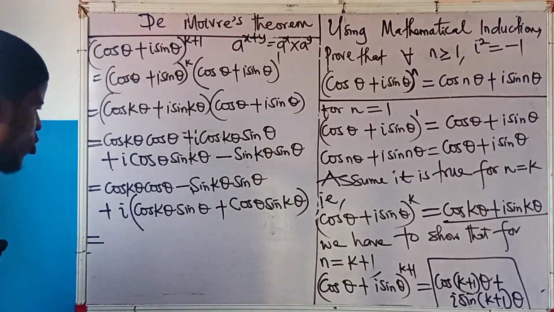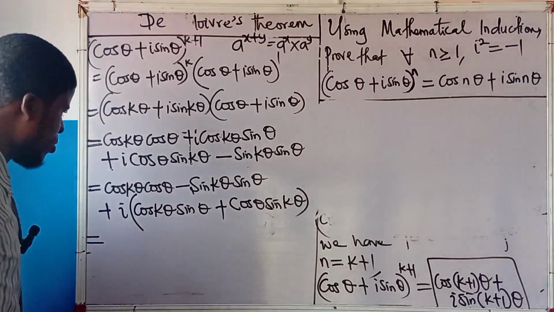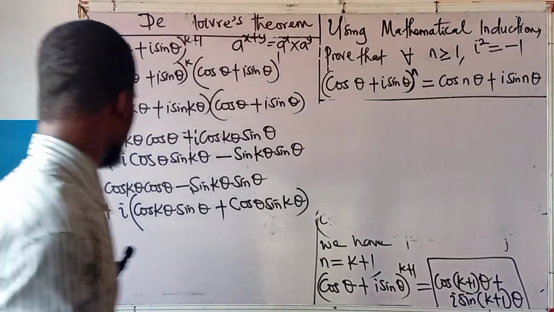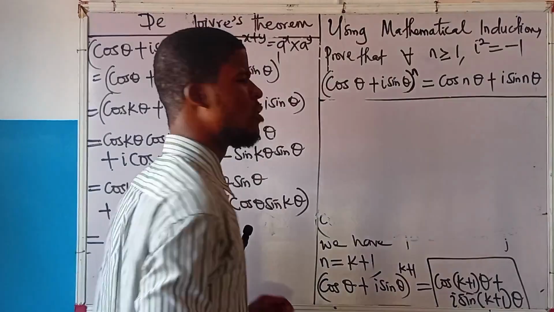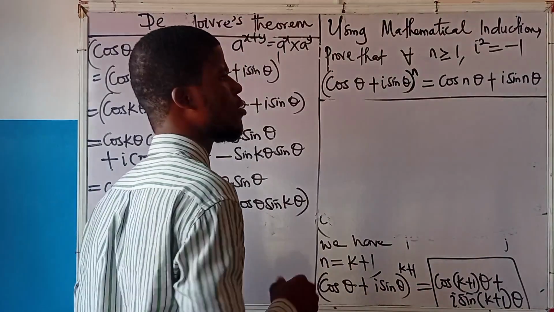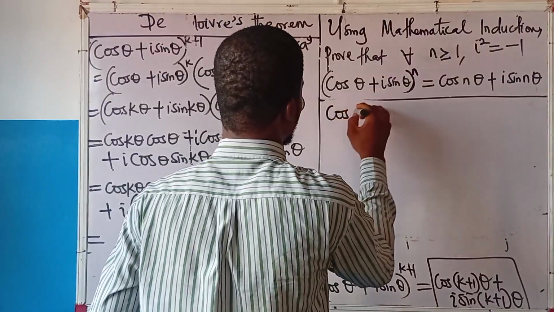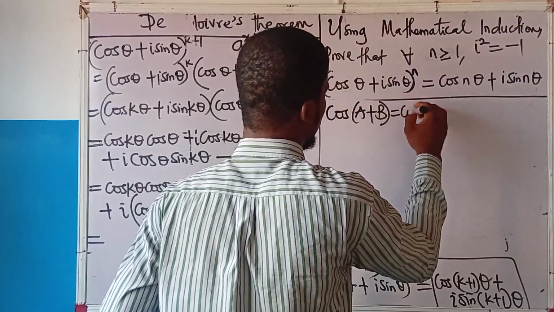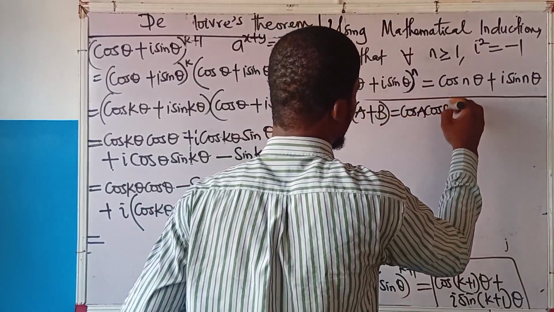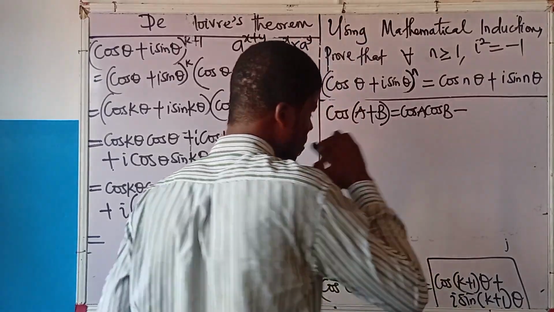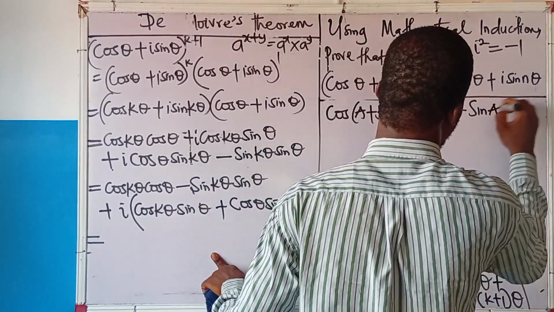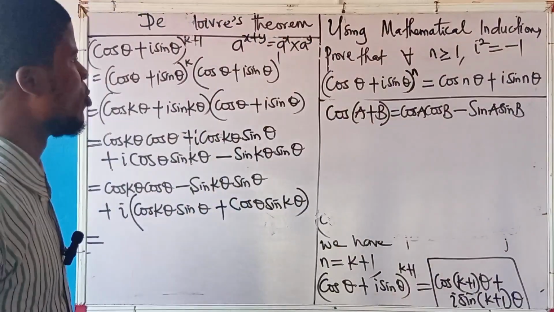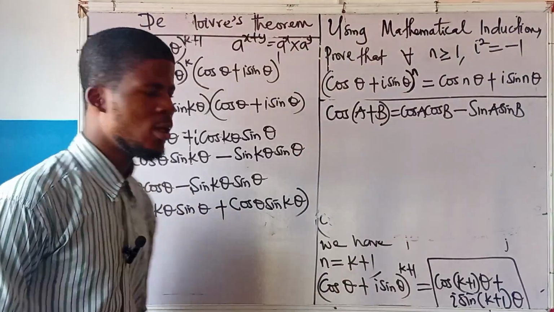Okay, now where do we go from here? If I'm looking at this now, it shows me something. Trigonometry says that cos A plus B is cos A cos B minus sin A sin B. That's what trigonometry says for the cosine of a sum.